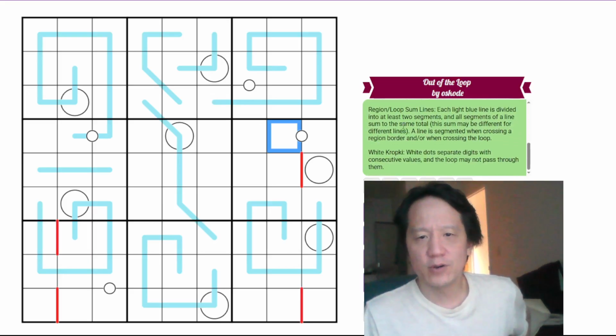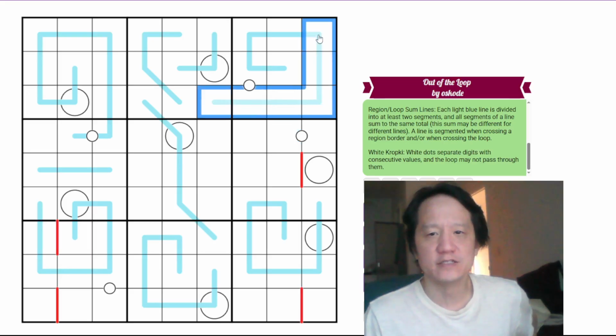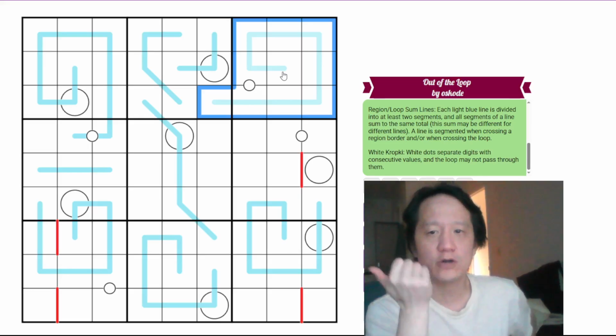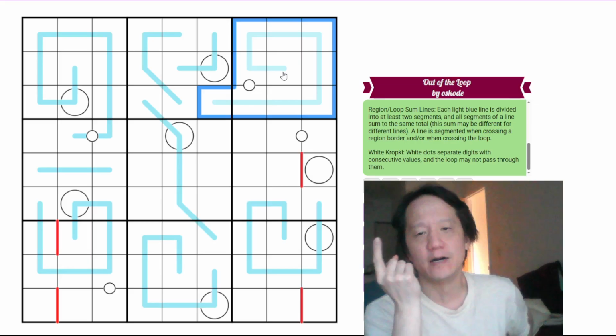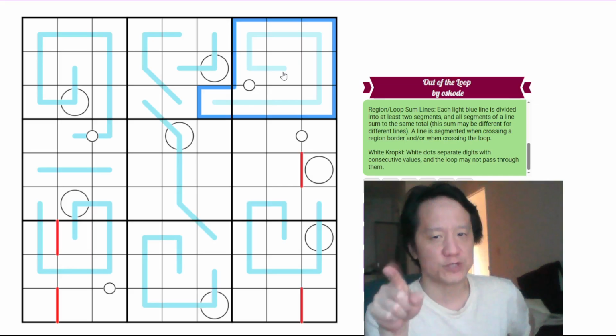We also have region/loop sum lines, where each light blue line is divided into at least 2 segments, and all segments of a line sum to the same total. This sum may be different for different lines.